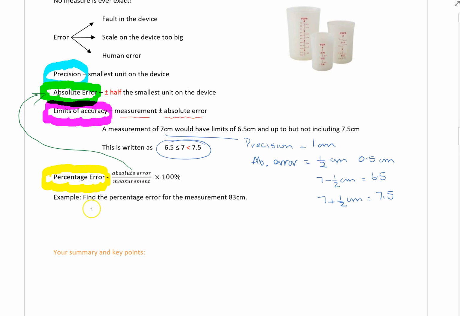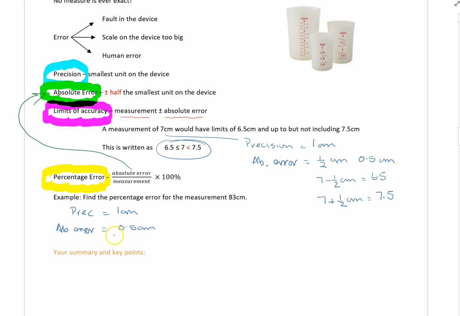So for example, find the percentage error of the measurement 83 centimetres. Again, let's run through all these technical terms. With 83 centimetres, the precision would be, again, 1 centimetre. The absolute error is, again, half a centimetre.